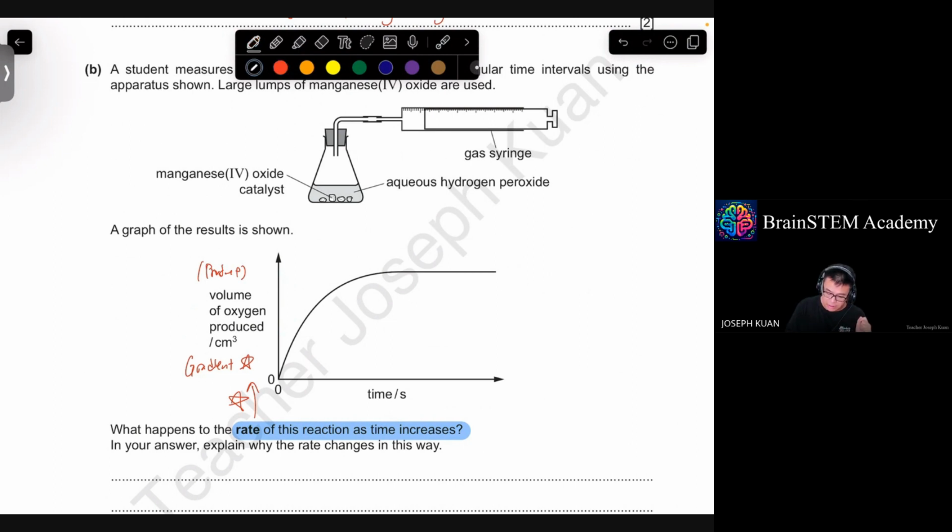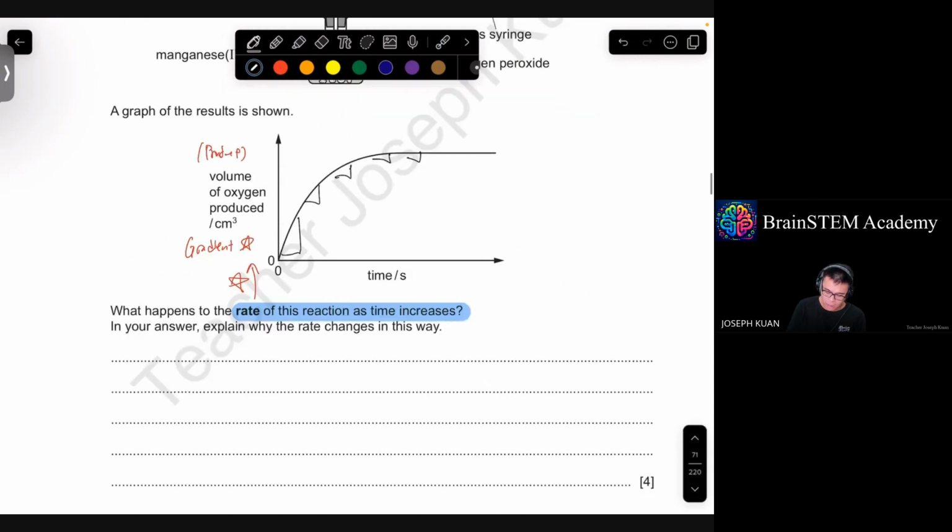So we see the gradient becomes smaller and smaller as time progresses, which means that rate decreases as time increases. Right? That should be our first point.